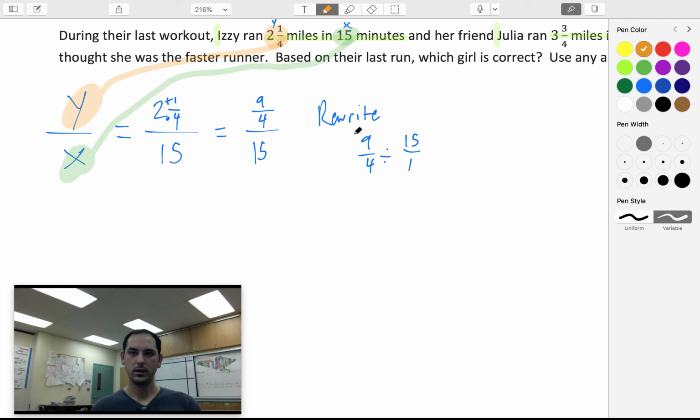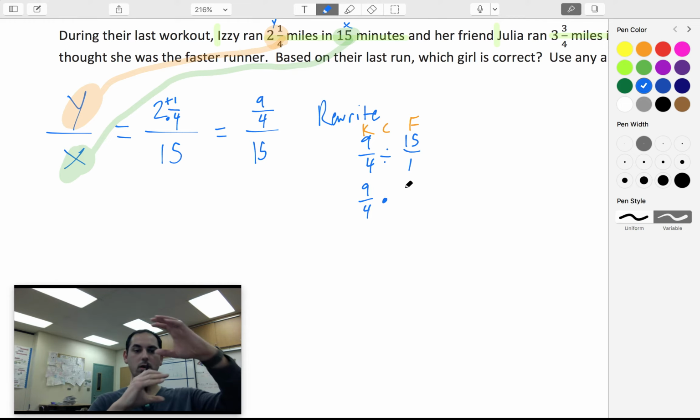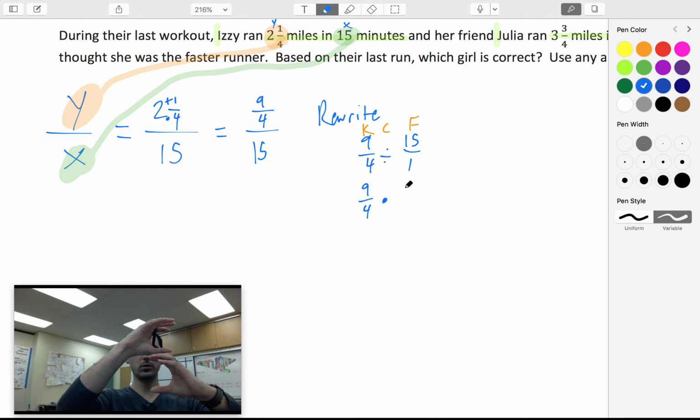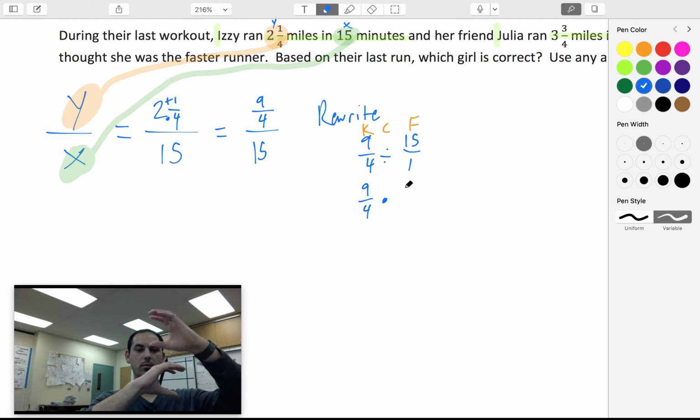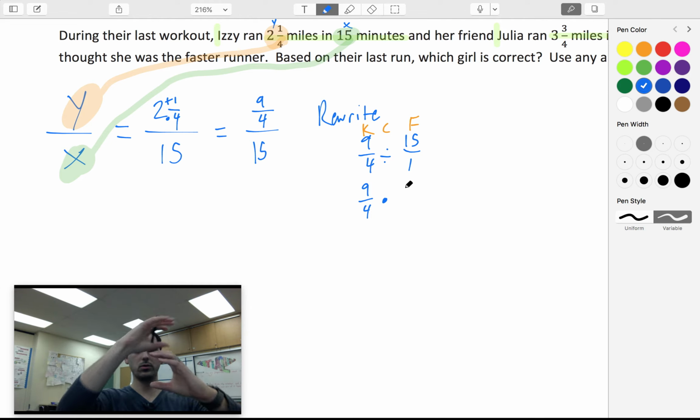And we will say keep, change, and flip. This now becomes 9 over 4 is the same. Change this to multiplication and flip this. And remember, flipping is taking a fraction and doing the reciprocal. So remember this is called the reciprocal. Taking the top, making it the bottom.